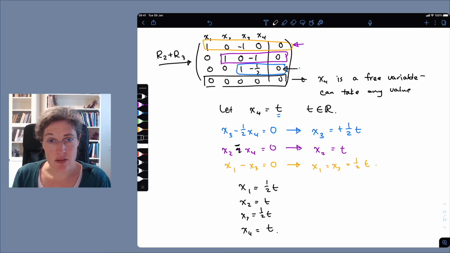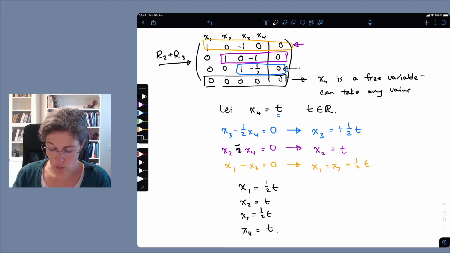So this means that we have infinitely many solutions, but we can't just pick random numbers for x1 and x2 and x3 and x4.